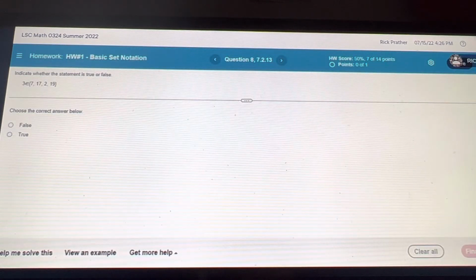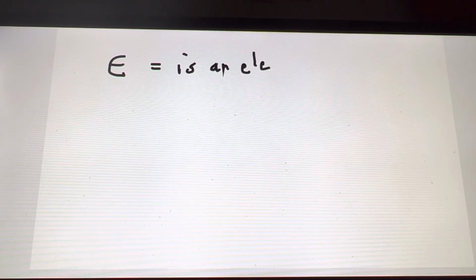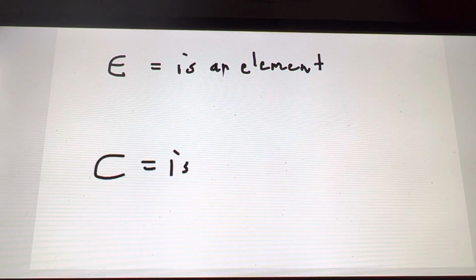So I guess I need to make a list here as well. This symbol means "is an element of." An element is one of the items inside the set. This symbol means "is a subset of."